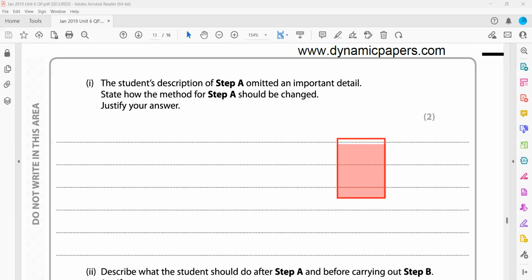So the point you will mention here, what is missing? It should be a minimum amount of hot methanol should be used.